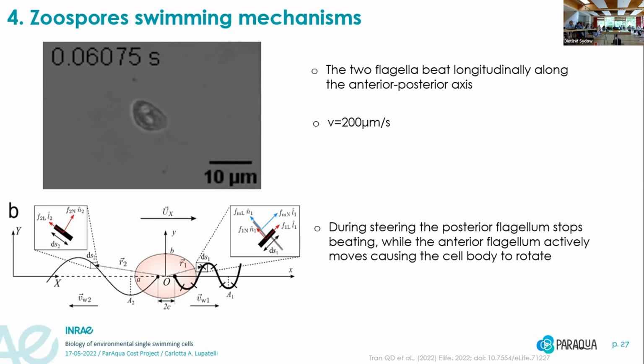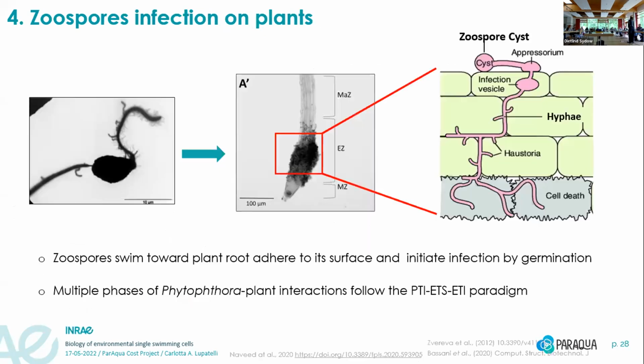And basically, as I showed you before, during the downward event, the posterior flagellum stops beating, while the anterior flagellum, which is the one decorated with the mastigonemes, continues to move, redirecting the direction of the zoospore. So now, zoospores are able to detect the plant and are able to swim in the soil toward the plant root.